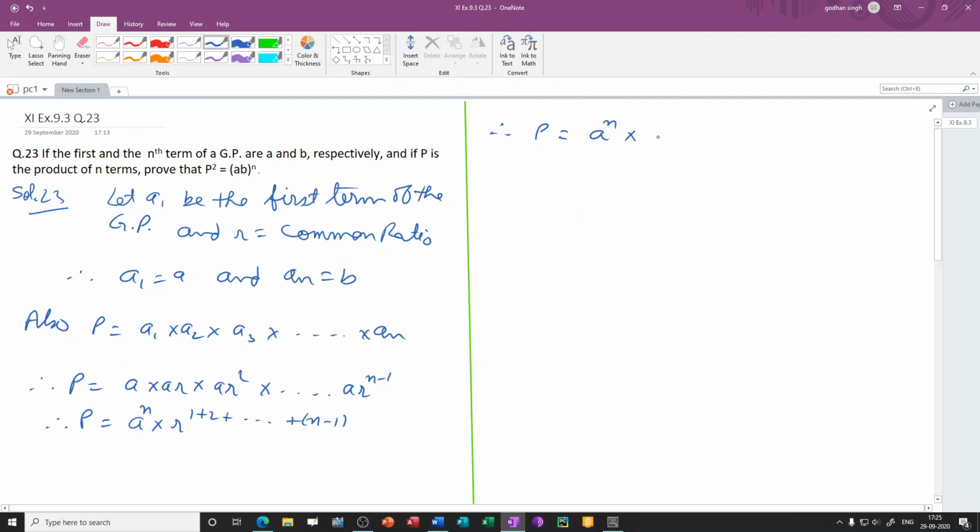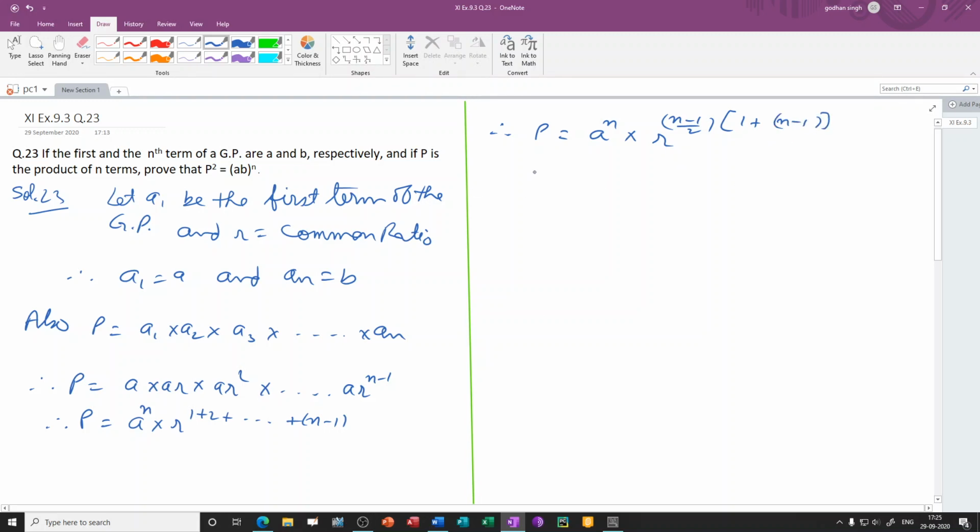What is the formula of Sn for an AP? That is Sn equal to n by 2 into A1 plus An. What is n here? The number of terms is not n but n minus 1, so n minus 1 by 2. And A1 plus An, so what is A1? That is 1. What is the nth term in this case? It is n minus 1.